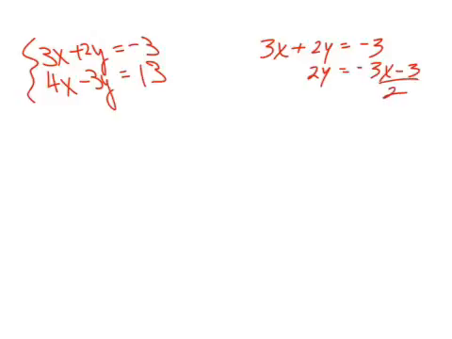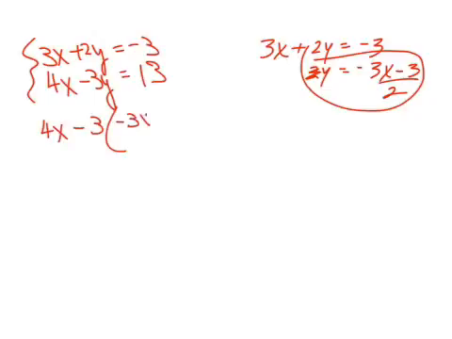We're going to divide both sides by 2, and there is what my y value is. So let's plug that into this. Alright, you have a couple different options here.